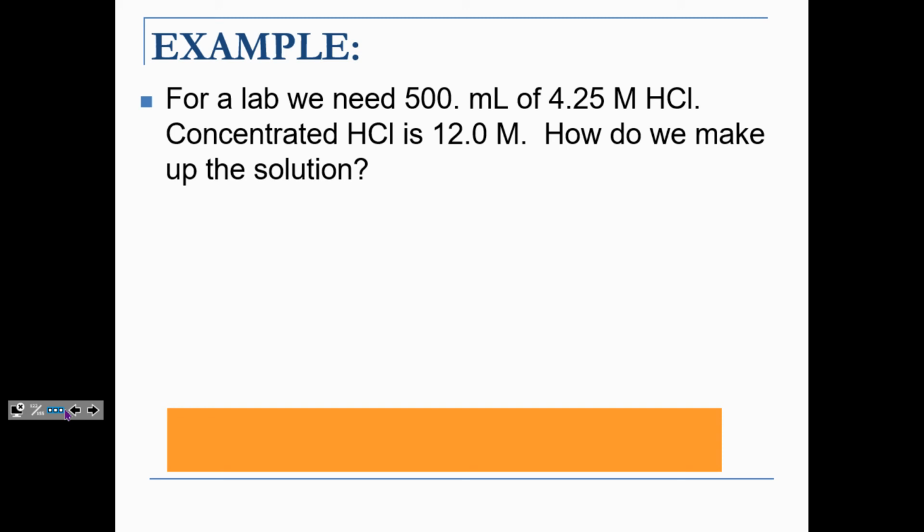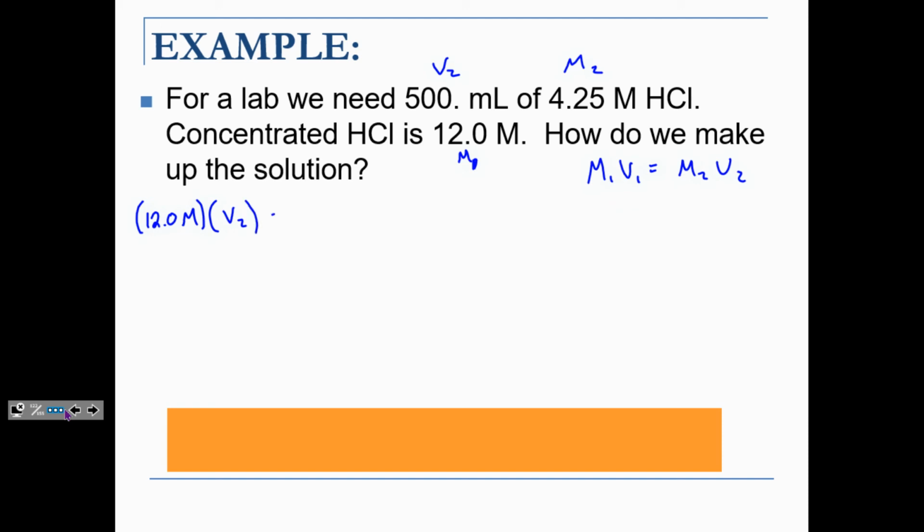And we're going to do one more example to finish out here. For a lab, we need 500 milliliters of a 4.25 molar solution of HCl. Concentrated HCl is 12 molar. How do we make up the solution? M1V1 equals M2V2. 12.0 M is my concentrated.